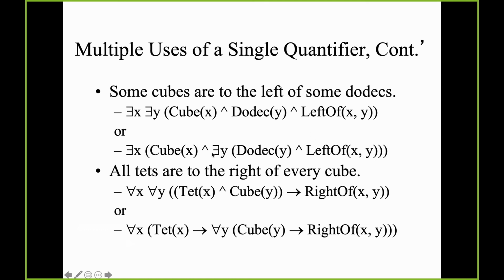It's just that you've embedded the second existential. And the nested universal looks the same. It's just that now the main arrow is the first arrow, right? The second arrow is bound by the second universal quantifier.